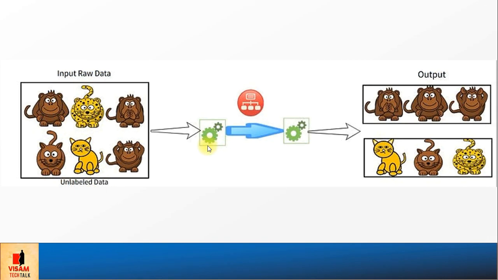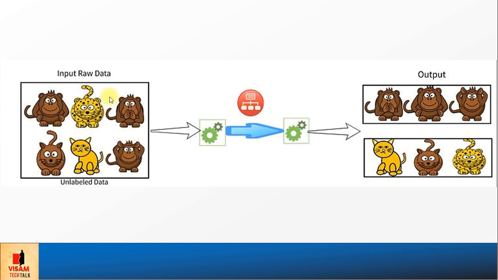But in unsupervised learning, the training is provided to the machine with a set of data that has not been labeled, classified, or categorized, and the algorithm needs to act on that data without any supervision. The goal of unsupervised learning is to restructure the input data.